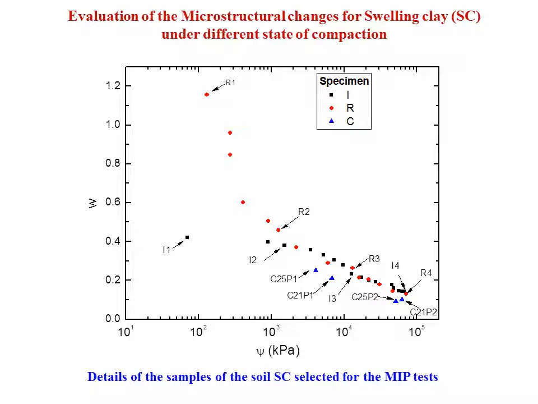R1, R2, R3 and R4 indicate the stage of drying at which samples were extracted for MIP studies for the reconstituted samples, and C25 P1 and C21 P1 represent the samples taken for MIP studies at initial compacted states, compacted at 25% moisture content and 21% moisture content. C25 P2 and C21 P2 represent the compacted samples compacted at 25% and 21% moisture content respectively in air dry condition for MIP studies.